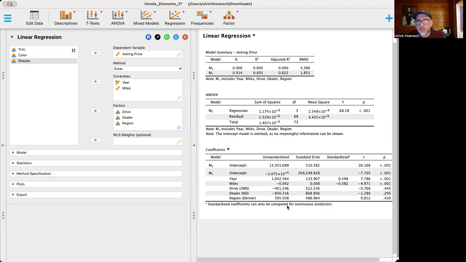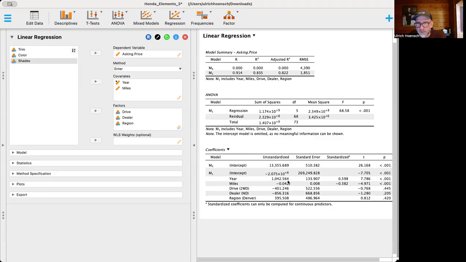The other thing we're interested in is the coefficients down in the coefficients table for M1. Specifically, the coefficient for year tells us that the asking price is predicted to increase by about $1,000 for each additional year. That is the effect of year on asking price. You can see from the p-value that the prediction is significant.